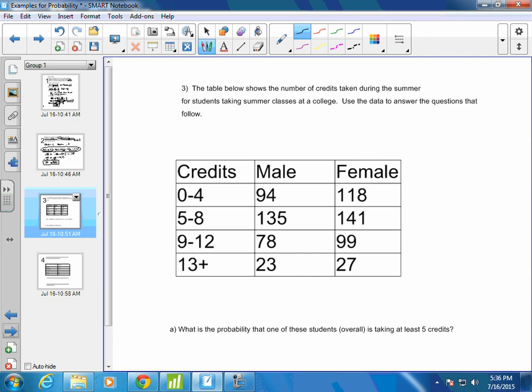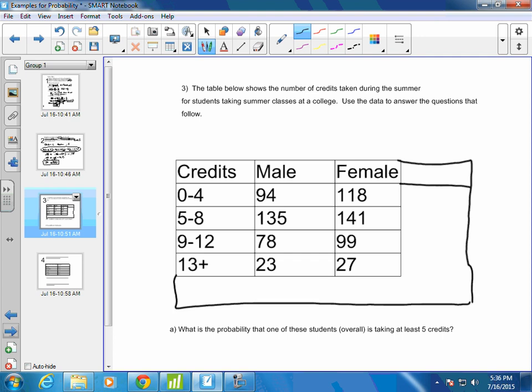Well, one of the things, I'm not really fond of this table not having totals. So I think what I would do is probably right off the bat, let's make a row and a column here to do the totals.